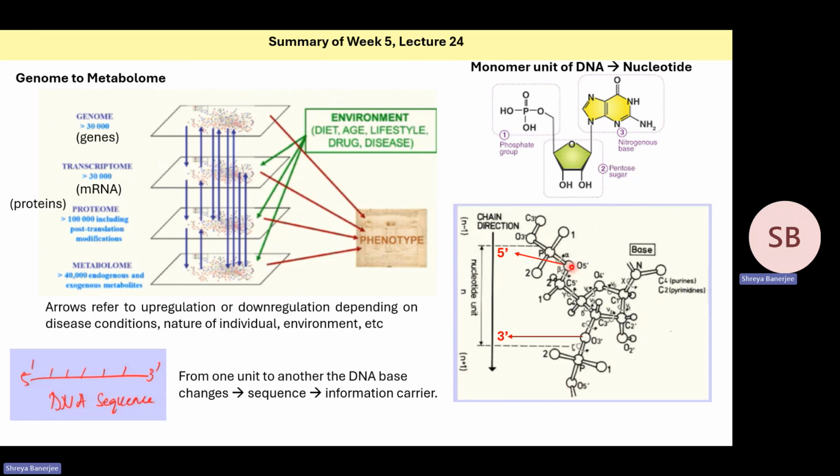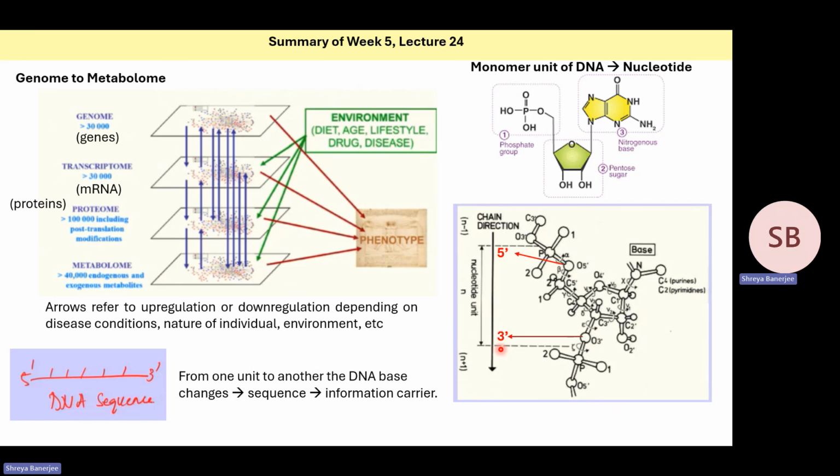And this phosphate of the N nucleotide will form a phosphodiester bond with the O of the previous nucleotide, that is the N-1 nucleotide. So the phosphodiester bond, that is bond between phosphate and oxygen, is basically what is connecting the different nucleotide units. And the DNA chain sequence runs from 5' to 3' direction.